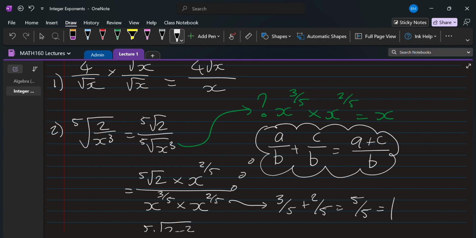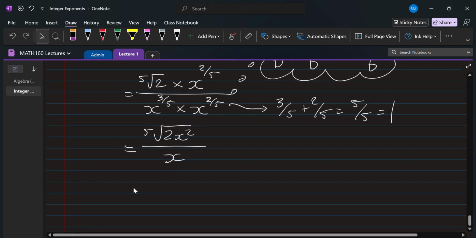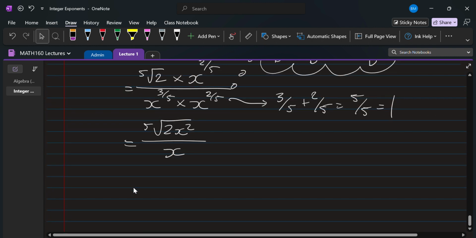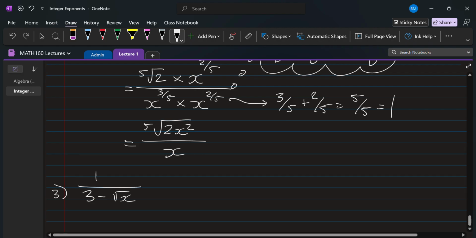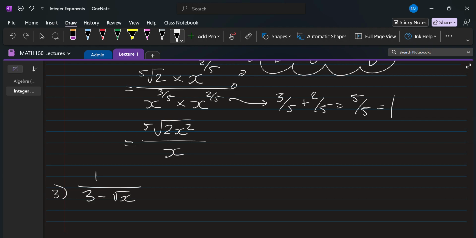Yes? Yeah, no, we don't want to swap it because we're adding the fractions. The denominators must be the same. So if we have a over b and we're adding it to c over b, that's a plus c over b.